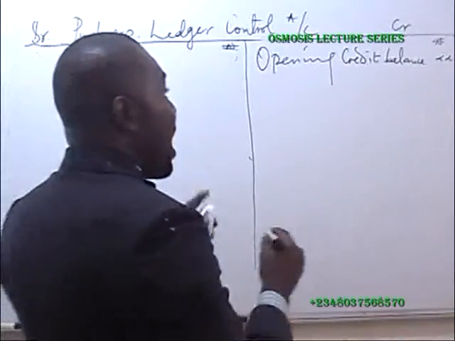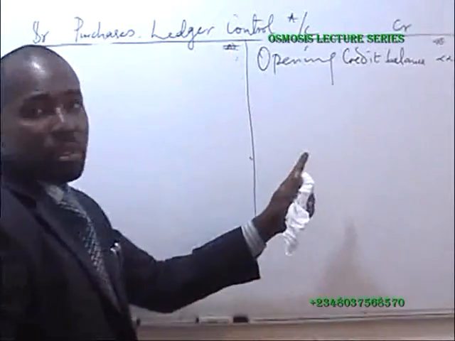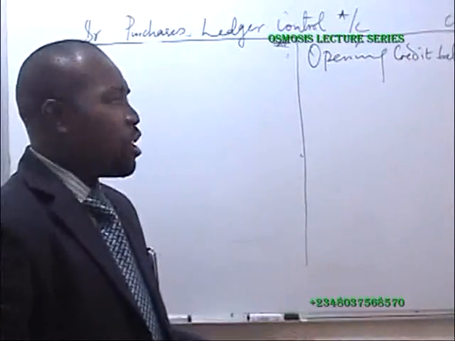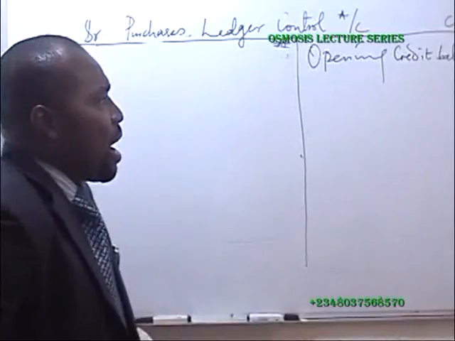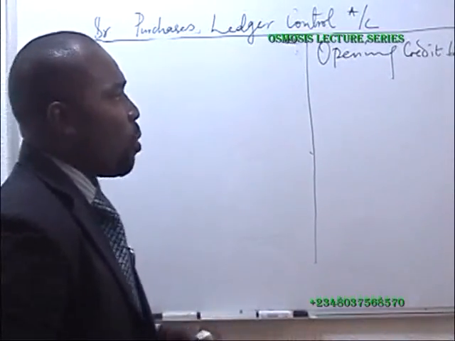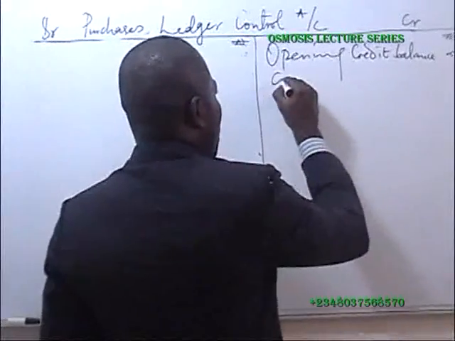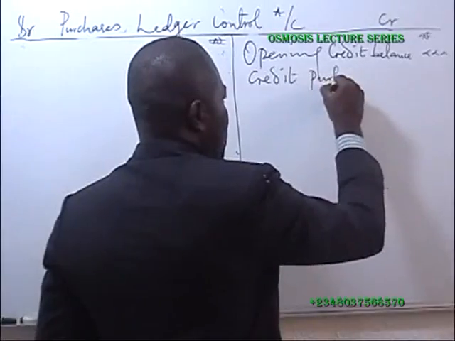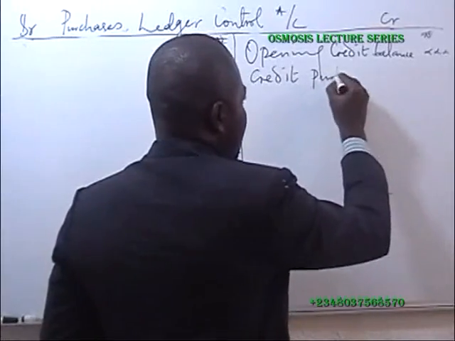Because our creditors have credit balance, we shall have opening credit balance. Then, if we want to increase our creditors, people whom we are owing, we need to make more purchases. We call it credit purchases.